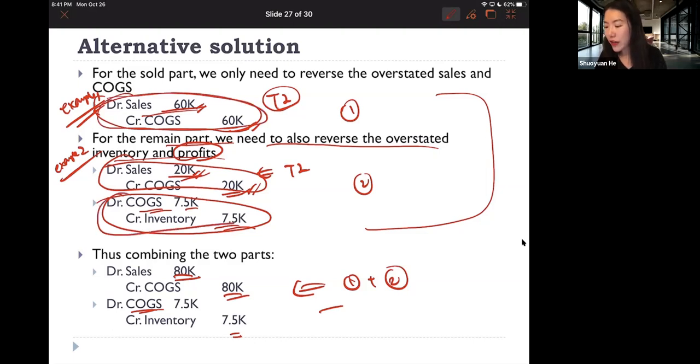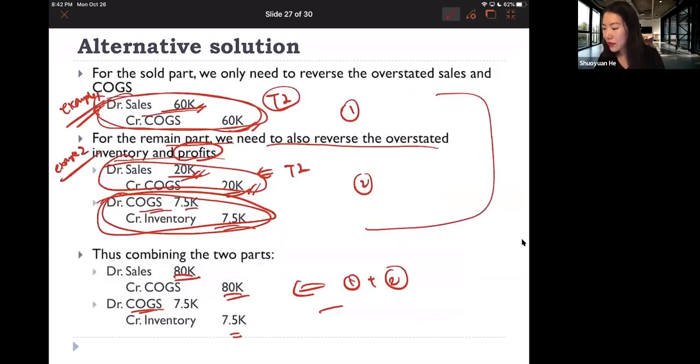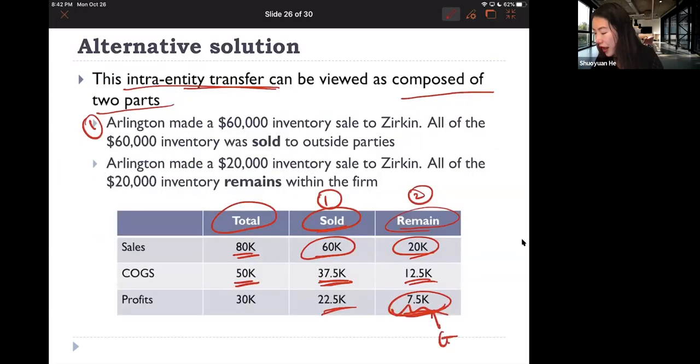And the only profit that needs to be reversed is the profit associated with the inventory that has not been sold. In other words, it is this part, the 7.5 that needs to be reversed. This is the number we put in the G entry. And this is the number we put in the TI entry: the whole amount of sales and cost of goods sold, we need to reverse it.